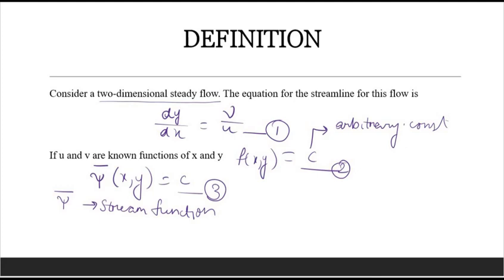That this is an equation for a streamline. How do we obtain the streamline equation? By setting the stream function equal to the constants C1, C2, C3 and so on. While we set this function equal to the constant, we will get the equation of the streamline.